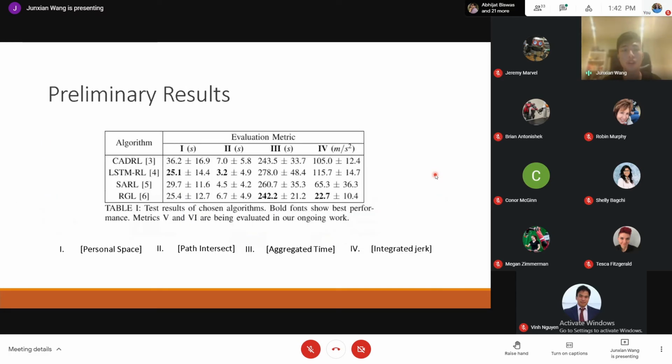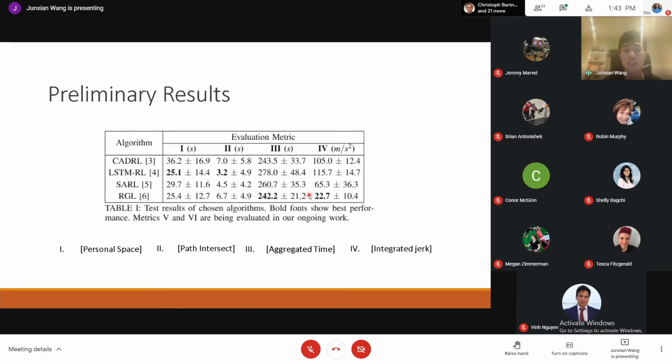After that, we've done some preliminary testing based on those metrics. It's preliminary because I've only got 4 of these 6 metrics evaluated. Each of them was conducted on 500 test cases, and the rest of the metrics will be evaluated in our ongoing work.